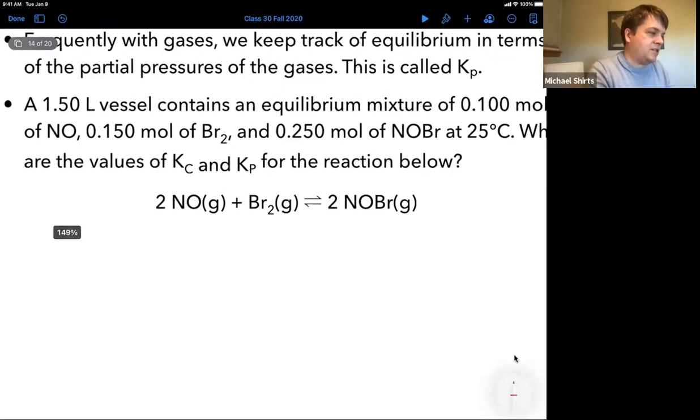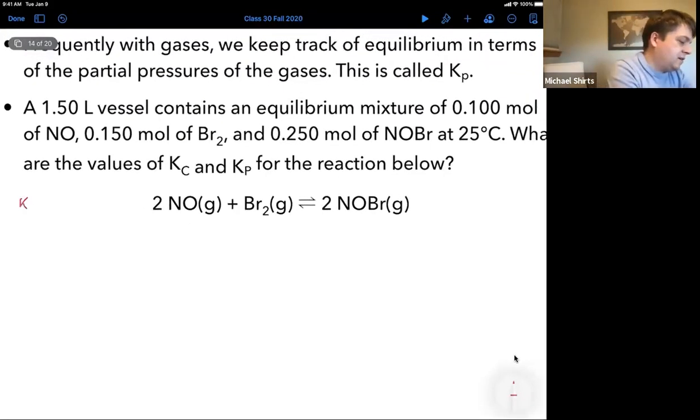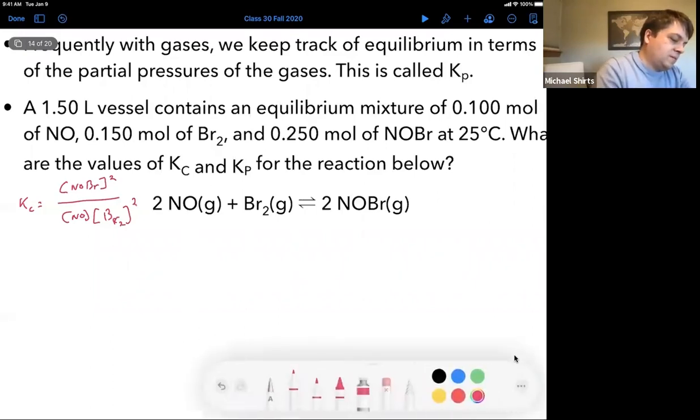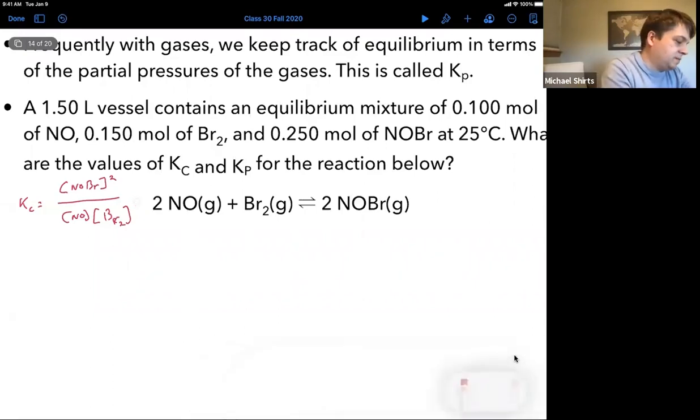There's our reaction. So Kc is going to be the concentration of NOBr, and in the reaction there's 2, so squared, divided by the concentration of nitrous oxide squared, times the concentration of bromine, Br2, not squared, just Br2.